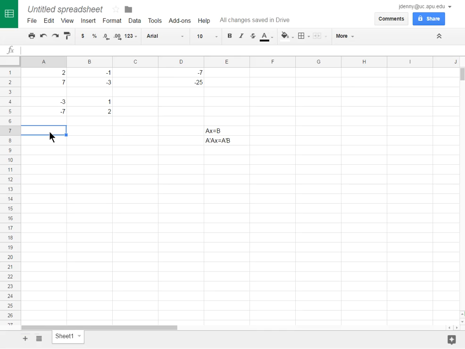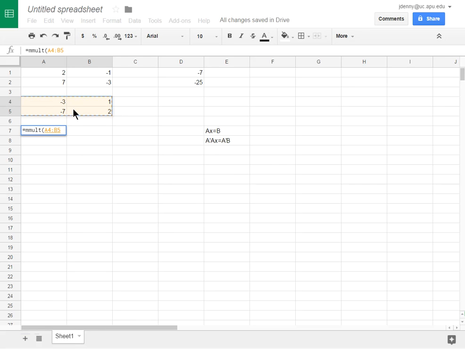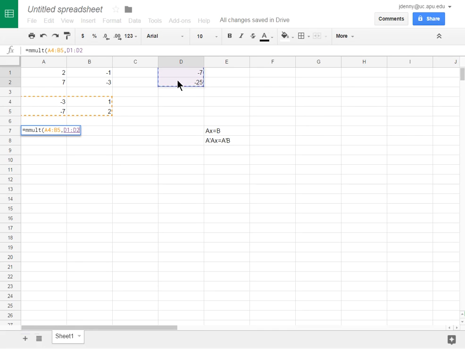So let's do that. This is equal to MMULT. Highlight the first inverted matrix, comma, the B matrix. And so here's our formula.